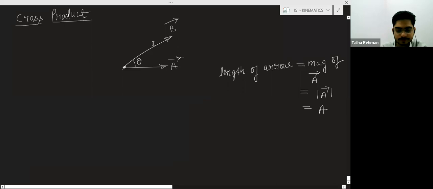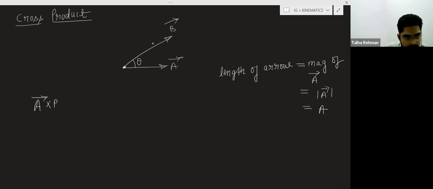So now we will discuss the cross product. This is a vector cross b vector, and this is equal to magnitude of a vector multiplied by magnitude of b vector into sine theta into n cap.